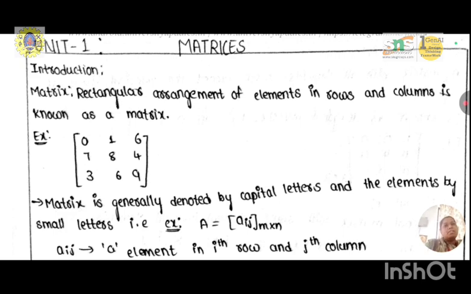So the matrix representation will be in an alphabet. It's mentioned as an uppercase A. We used to mention a matrix only in uppercase capital A, and the determinant is represented as the modulus of A. We find the modulus of A to find the determinant, and matrix and determinant have differences in their properties.